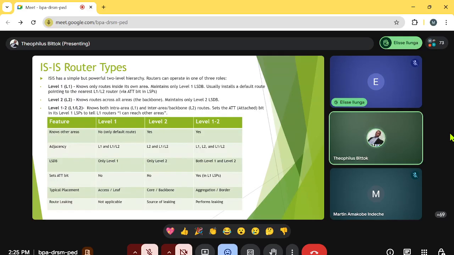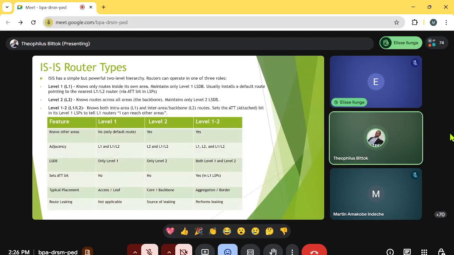So it knows, let's say, for example, we have different areas: area 1, area 2, area 3. Level 2, being a core router, is going to know how to reach routers in different areas. If we were to classify them, level 1 is on the access, level 1-2 is on the aggregation, and level 2 is on the core.